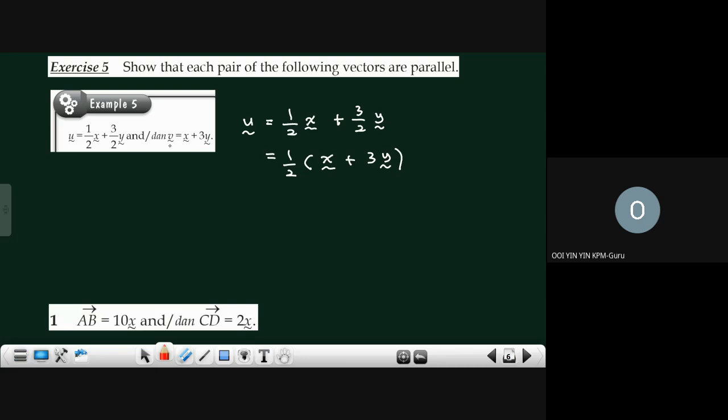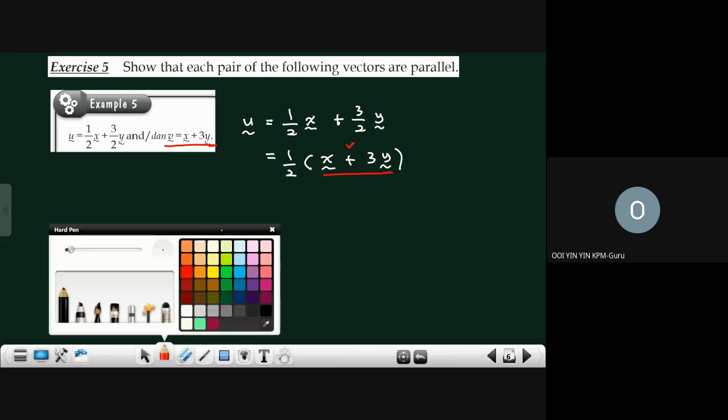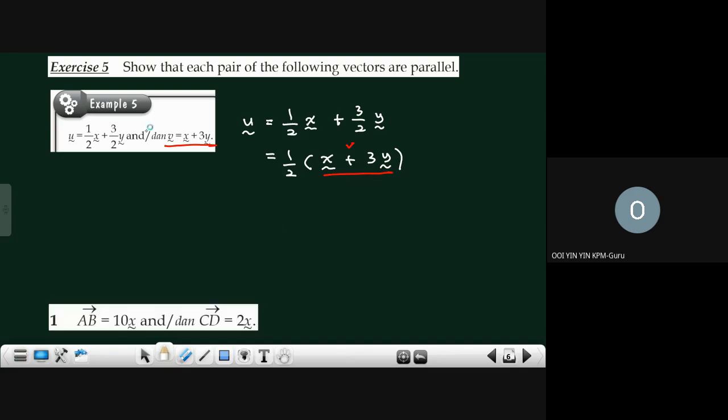Just now they gave you vector v equals x plus 3y, which is exactly the same as here. So this whole thing we can write as v. So it becomes vector u equals 1 over 2 v.